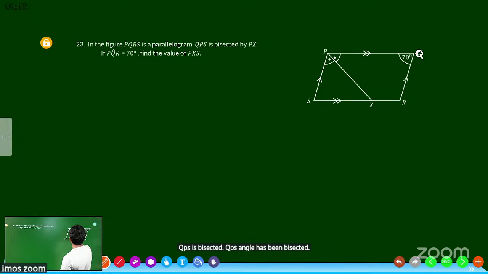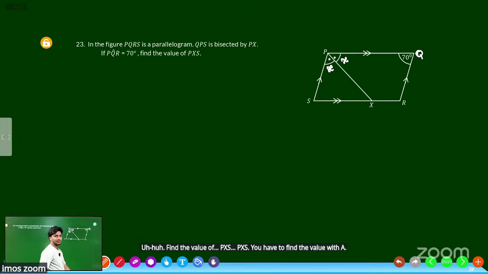So you can understand, if this angle is X, this angle is also X, because PX is the bisector. PQR is 70. Find the value of PXS. You have to find the value.